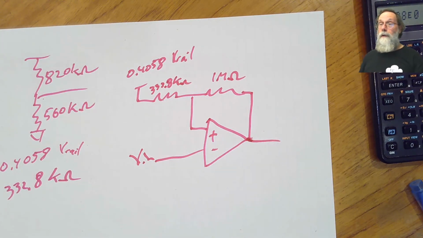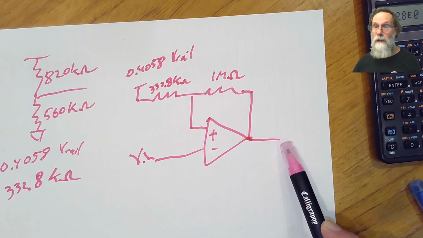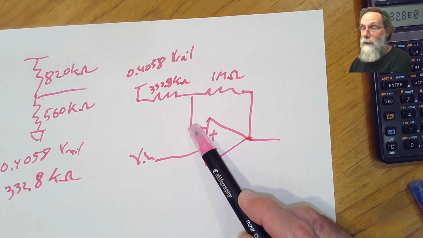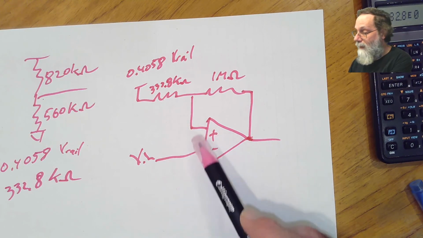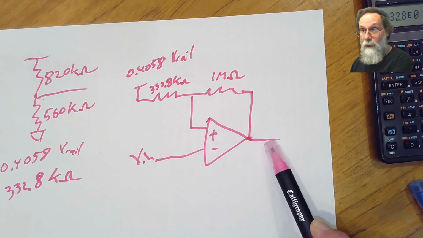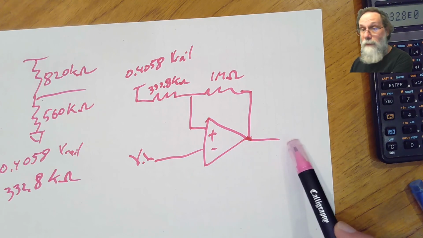So now to figure out what the threshold voltages are, when the input causes the output to change, that's going to be when these two things are equal. We no longer have a constant voltage here. We have two different voltages: one when the output is 0, and the other when the output is VRAIL.